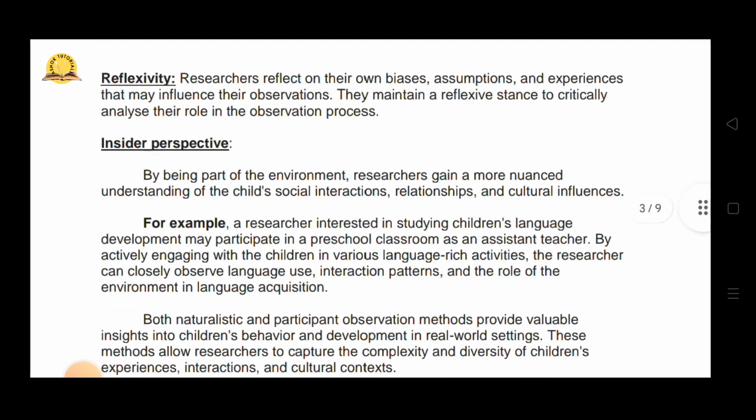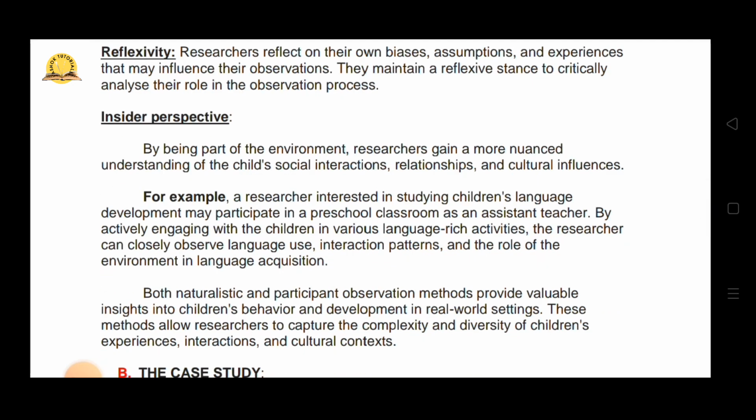Now reflexivity. Researchers reflect on their own biases, assumptions, and experiences that may influence their observation. They maintain a reflexive stance to critically analyze. All right. So here it says that being a researcher, we cannot be biased, right? Or we cannot assume something, that this child is so and so, so he or she should be so and so only. This child is a slow learner, so he is a slow learner only. This child is having dyslexia, so this child is having dyslexia.